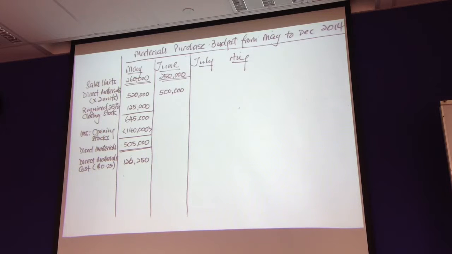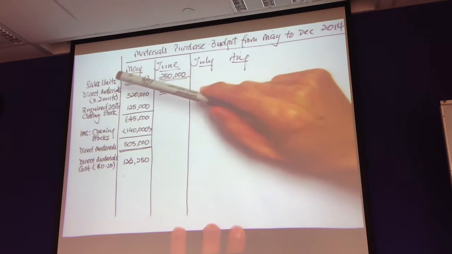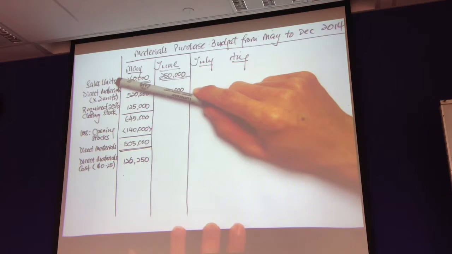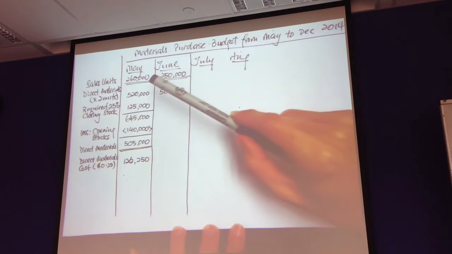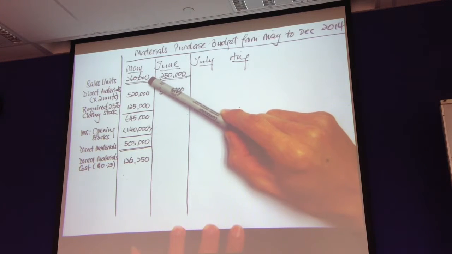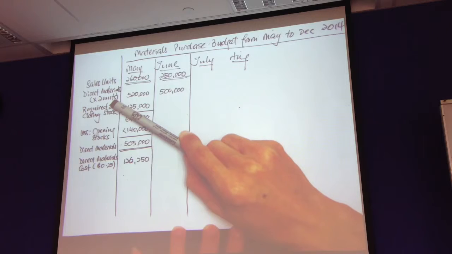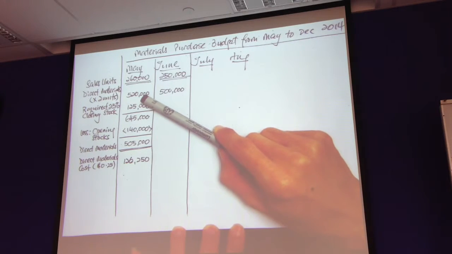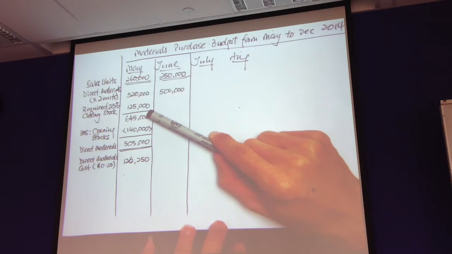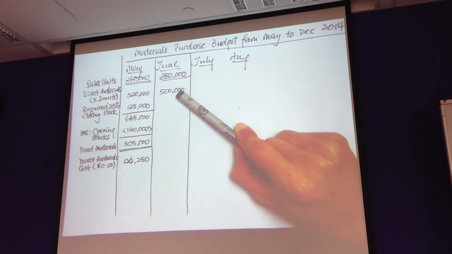I'll explain to you again, slowly. First, we take the sales unit, because that's given in the question. The question also tells us to make one of this to sell, we need 2 units of direct material. So we multiply by 2, and we know we need 520. But you're also told every month you want to have 25% of the next month's requirements as a standby.